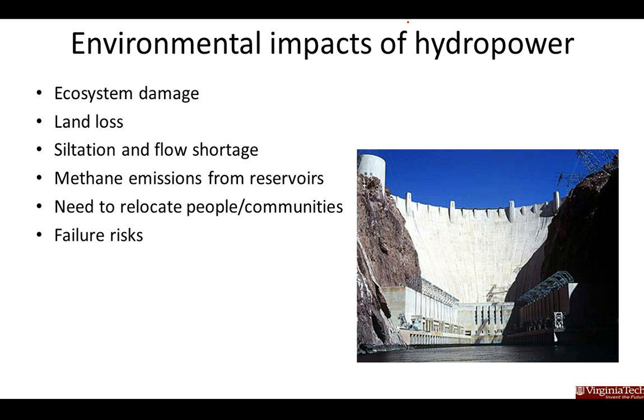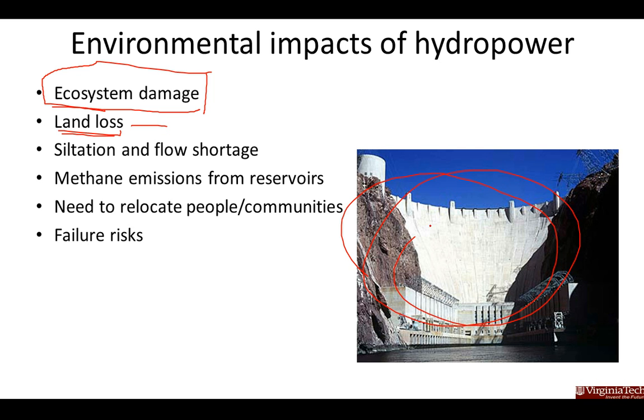Environmental impacts of hydroelectric power. Ecosystem damage, I was talking about this earlier, especially if you have migrating fish. Lowlands, land loss. You actually have more erosion in places that you don't want, or flooding from clogging up this dam right here. This whole area in the back is now going to become a pond. So flow shortage, sedimentation, things like that. How much time do we have? 1:30.